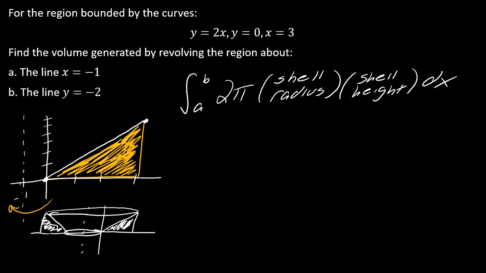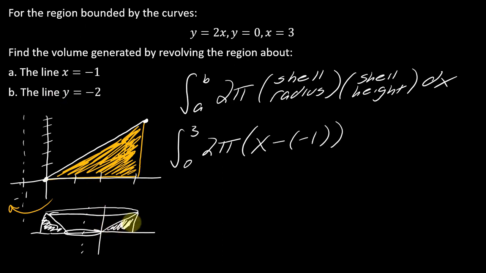So I'm integrating with respect to x. I need to know what my shell radius is and my shell height. Now, in general, your shell radius can just be found by x minus whatever line you're rotating around. And we also know that we're integrating here from 0 to 3, so I can plug that in. Okay, so I'm rotating around the line -1, so this will be x minus -1.